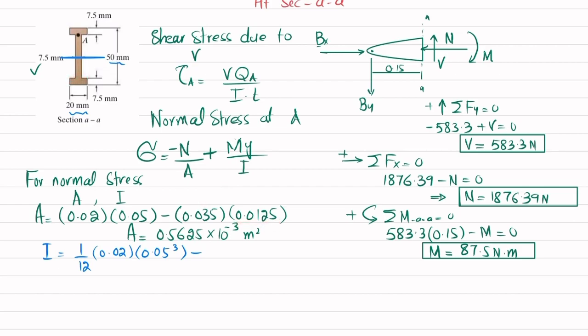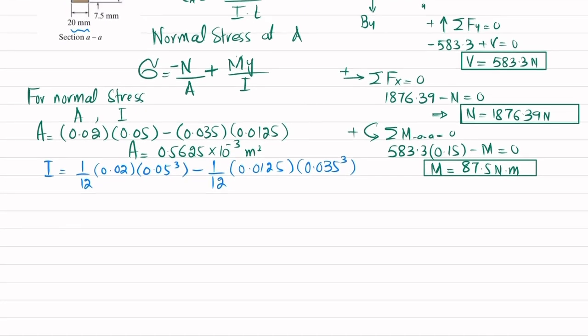Clear? So minus 1/12, breadth is 0.0125, and height is 0.035 meter, and it will be cubed. So when you solve this, you will get the moment of inertia comes out to be 0.16367 × 10^-6 meter to the fourth.